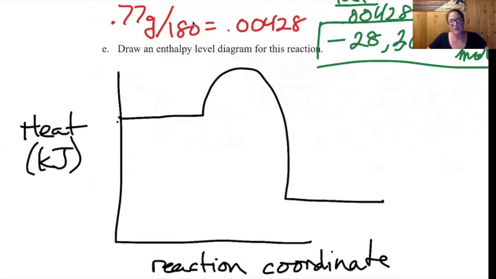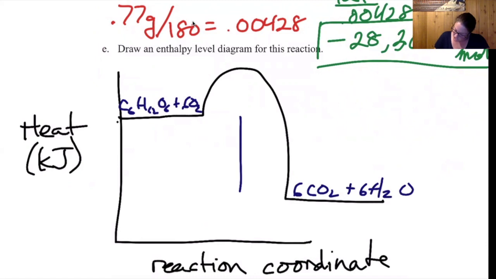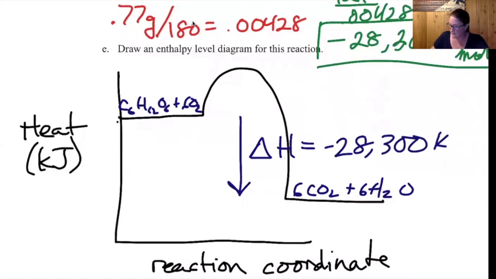I made this a little bigger than normal because I wanted to have room to write in my reactants and my products. So my reactants are C6H12O6 plus 6O2. My products are 6CO2 and 6H2O. And we can show a delta H reaction of negative 28,300 kilojoules per mole.